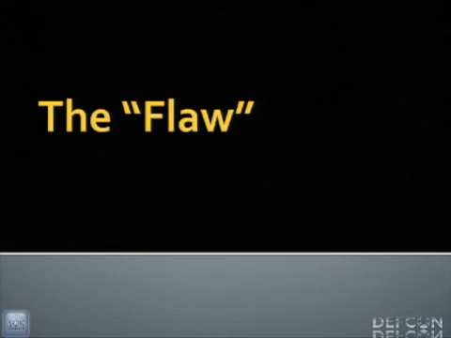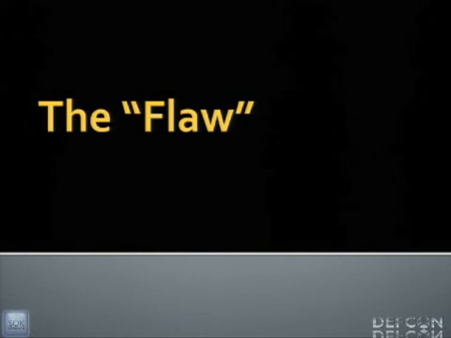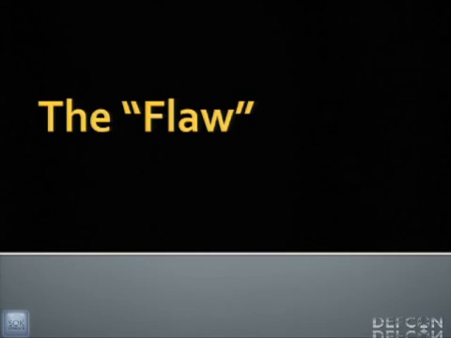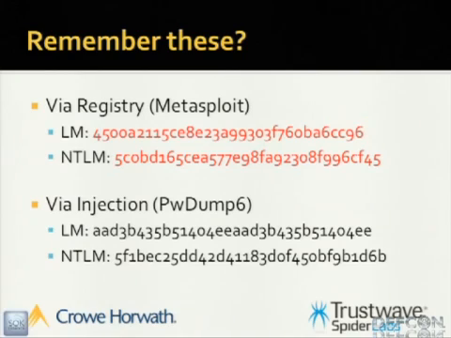So the flaw is really what Ryan experienced when he was doing his penetration testing. He pulled hashes via one tool and got one hash, pulled them via a different tool and got a different set of hashes. So let's take a look at that again. If you remember this from earlier in Ryan's slides, we want to figure out why we're getting bad LM and NTLM hashes with Metasploit in this particular example.